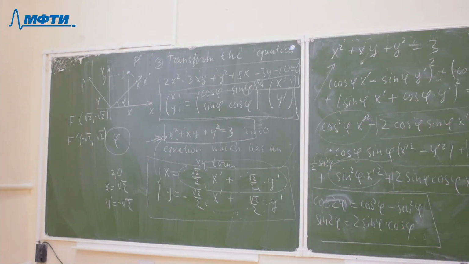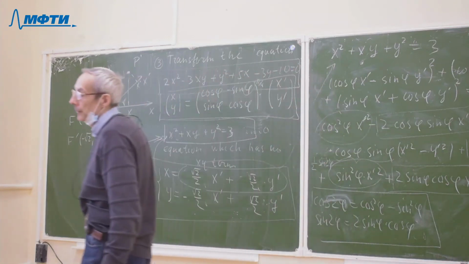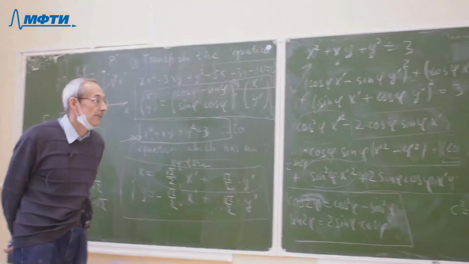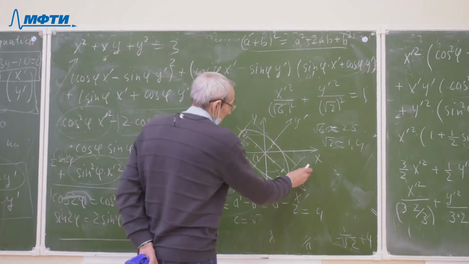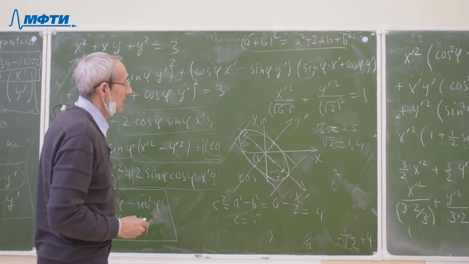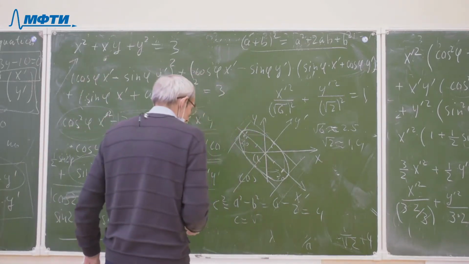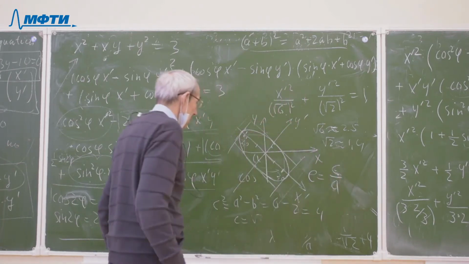In the same way we can obtain other parameters of this equation. Maybe as a home task, finish this calculation and obtain the equation of the directrices. The value of eccentricity: eccentricity e is equal c over a.